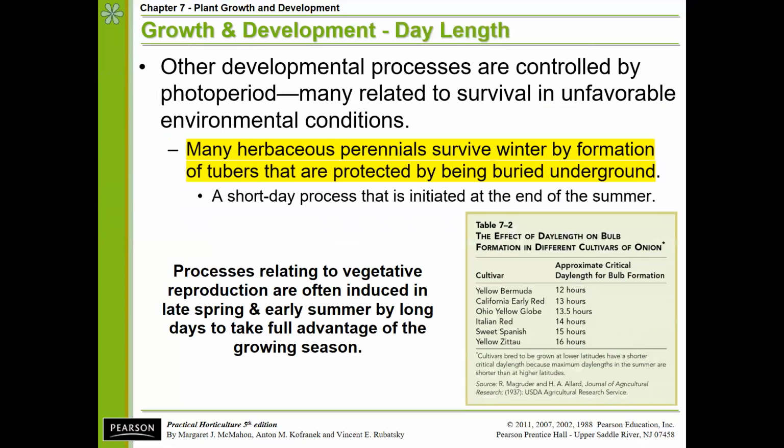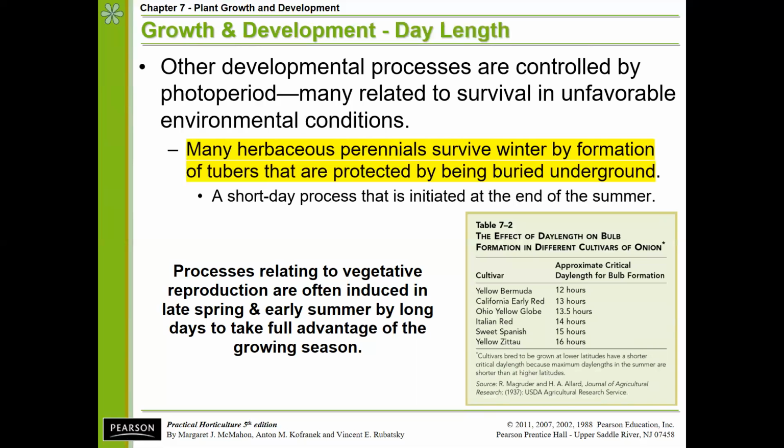On the herbaceous perennial front, they have kind of a different deal. The woody plants, of course, are able to go dormant and make buds basically on the stem tips, where they're able to hold on and kind of produce dormantly. On the other hand, herbaceous perennials don't have that. Their above ground parts die to the ground.